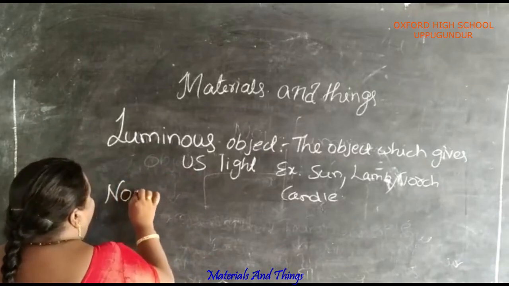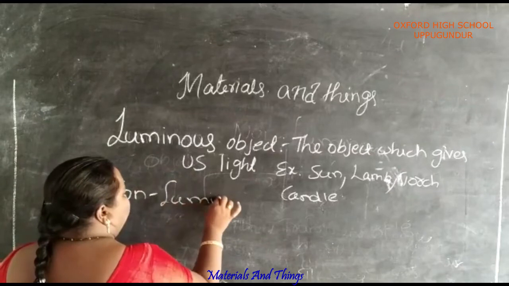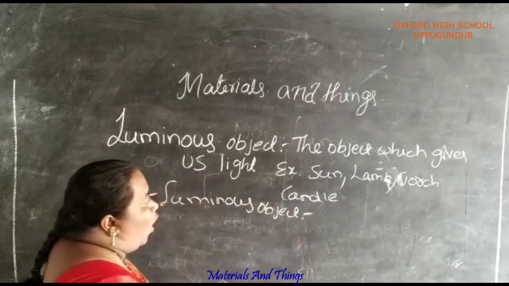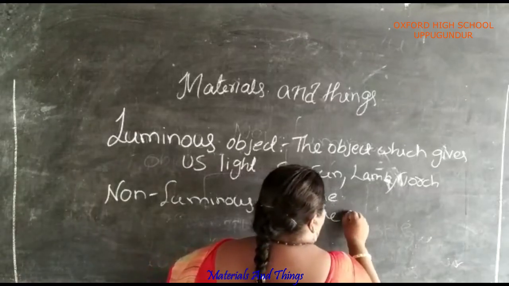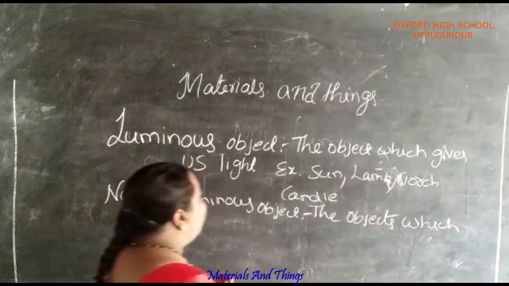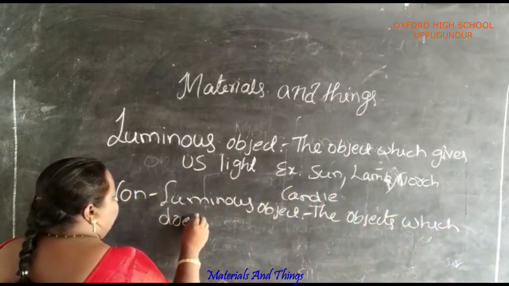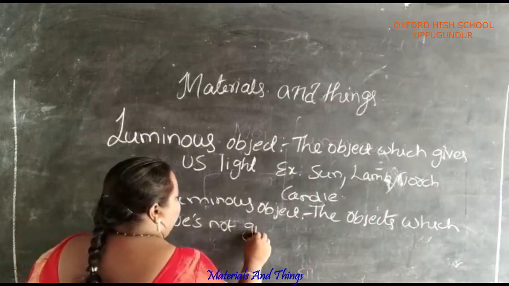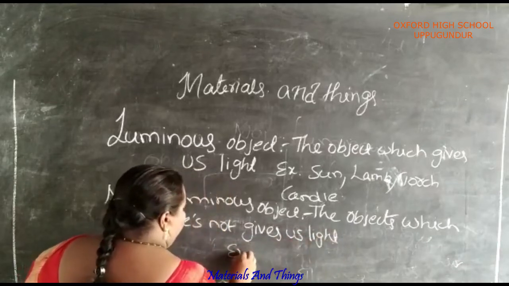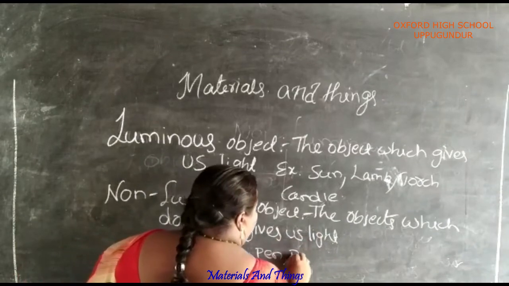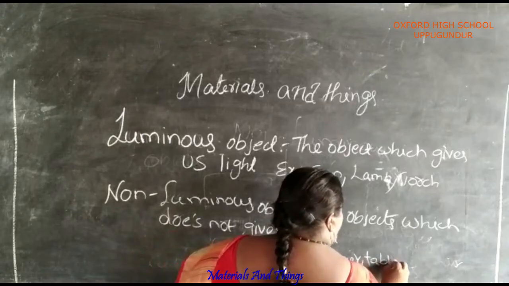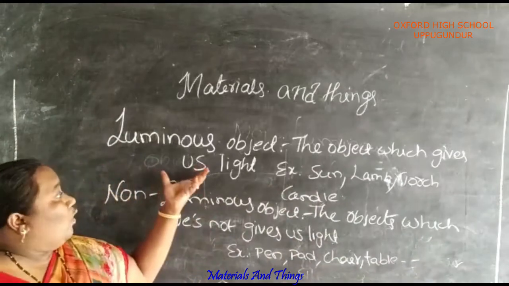Next, non-luminous object: the objects which do not give us light. Examples: pen, fan, chair, table.